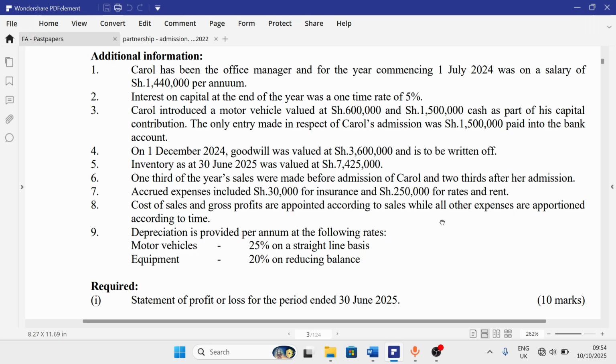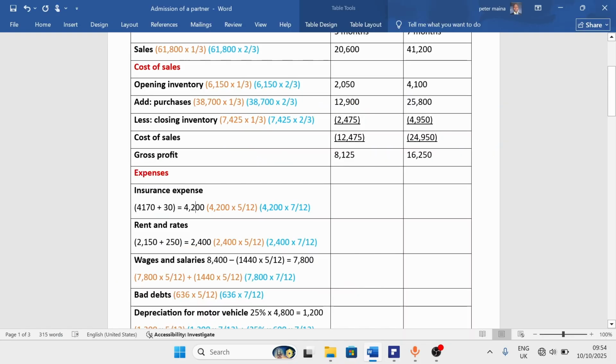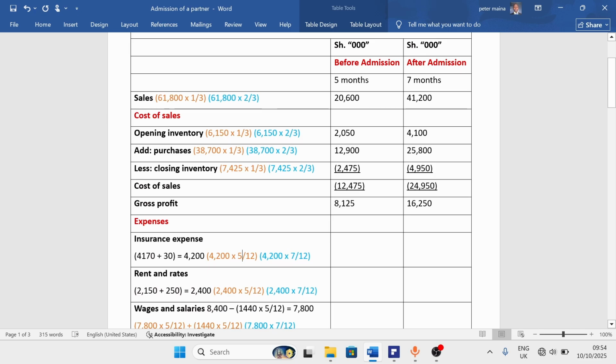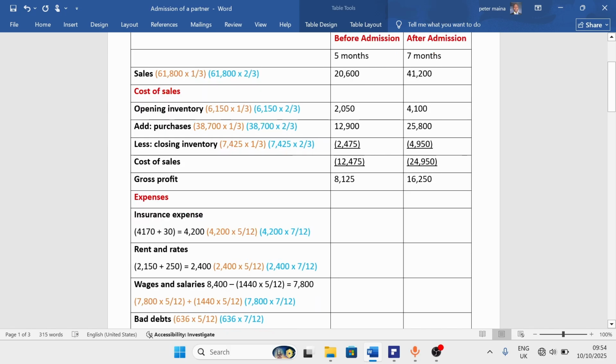So insurance is among the other expenses. So we are going to apportion that cost according to time. So 4,200 will be apportioned according to time. In the first period, we are going to take the share for 5 months. In the second period, we take a share for 7 months.